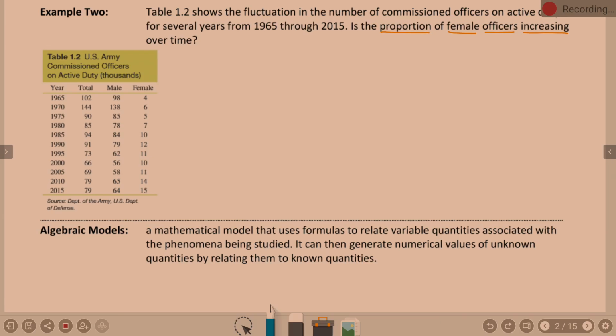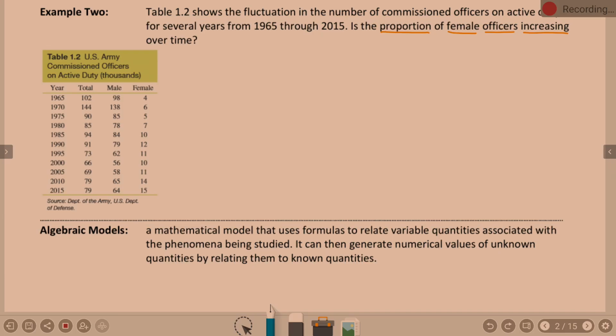Okay, let me clarify. We are not just asking, did the amount of female officers increase, correct? I can look at my list, did the amount of female officers increase? Yes, but that's not the question, right? It's saying like the ratio of boys to girls, right?